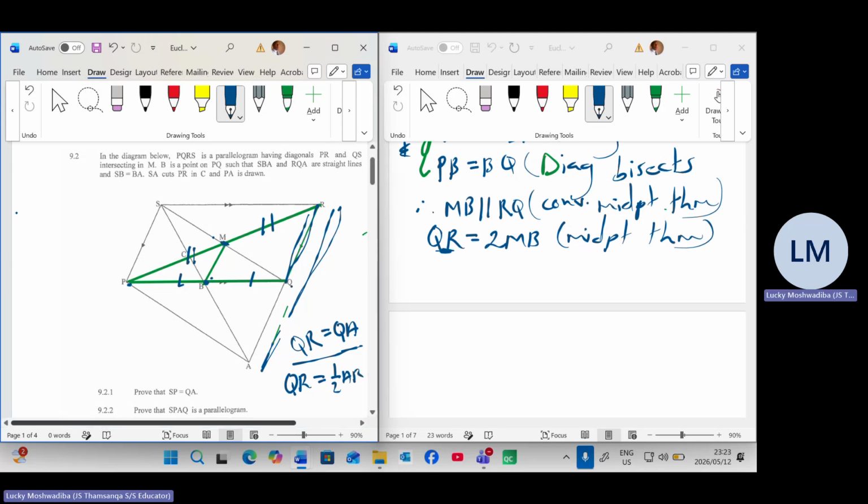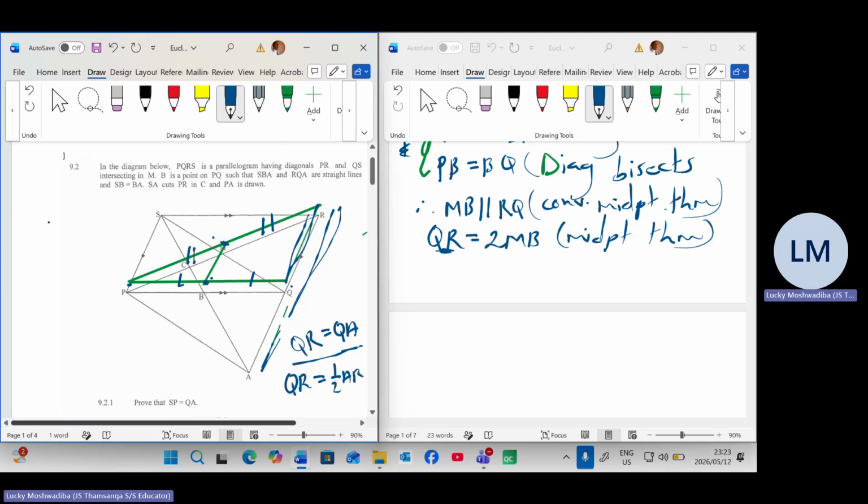Let me quickly show you the mathematics behind it. Remember that the length of QR plus the length of QA will give us the total length of AR. This part here plus this part here will give us the total length, that is AR. However, QA is equal to QR.